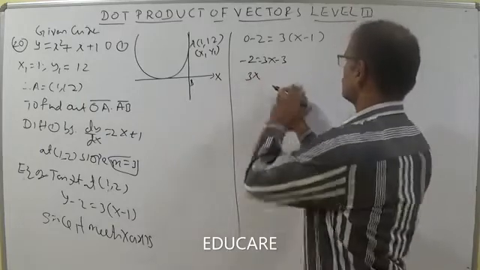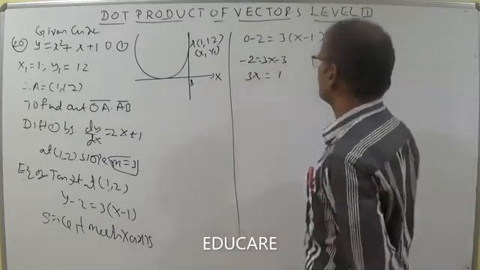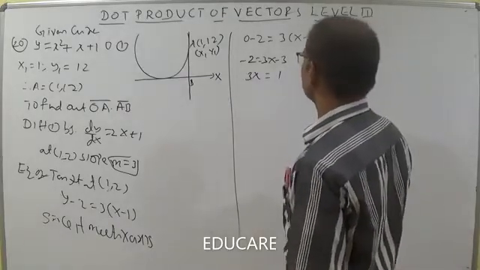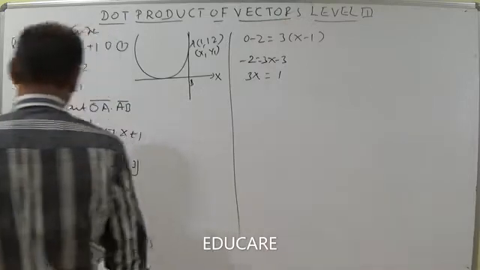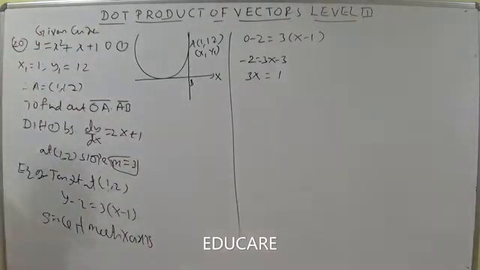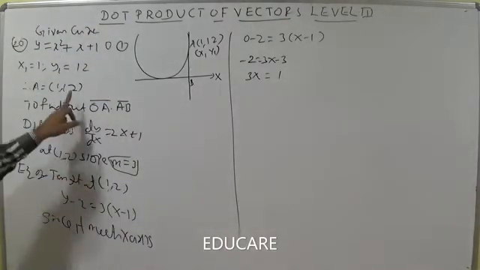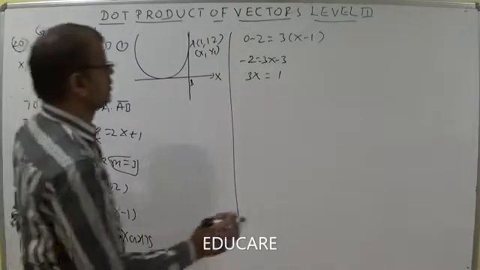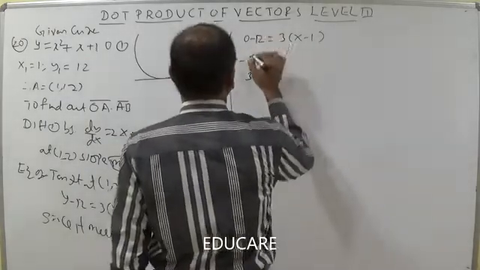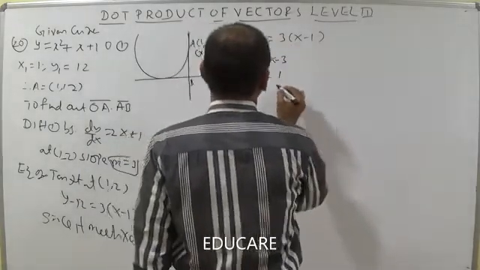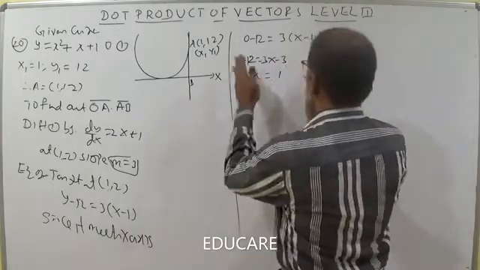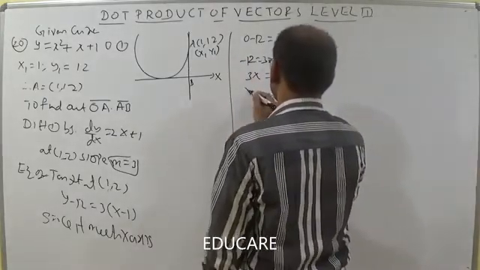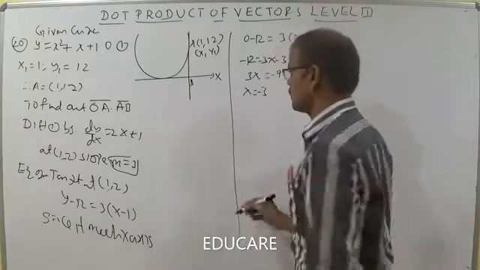So 3x is equal to minus 12 plus 3, it becomes minus 9. So x equal to minus 3.